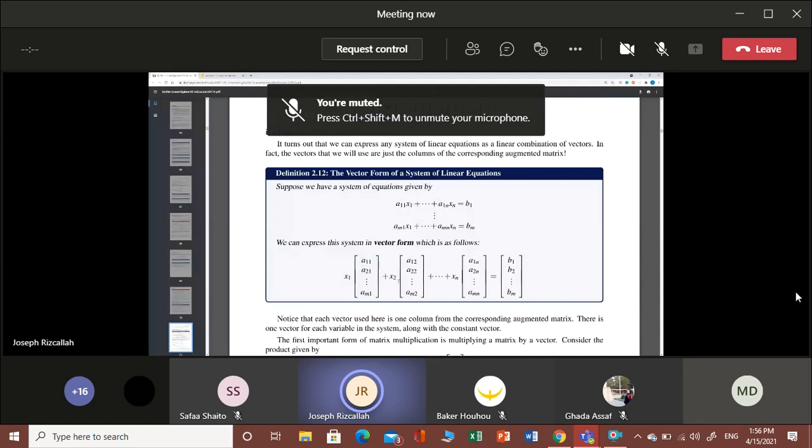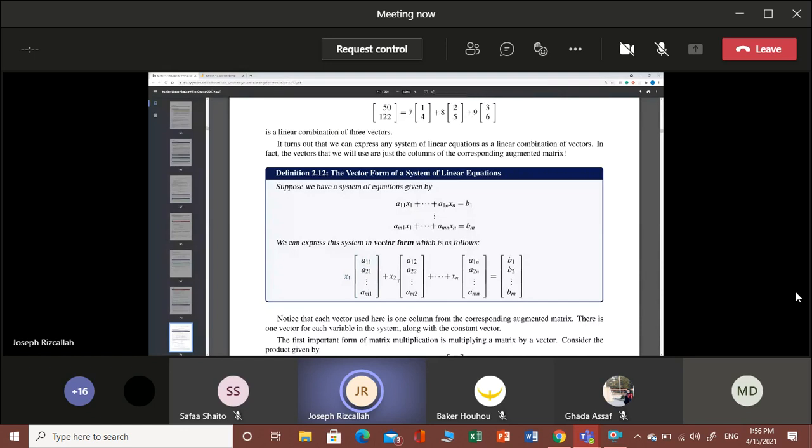And we also know what it means to add this matrix to this matrix: we just add the corresponding entries. So now this system can be written in this fashion. This is a vector multiplied by the unknown x1, then a second vector multiplied by the unknown x2, and so on. Before I move on, let me give you an example.